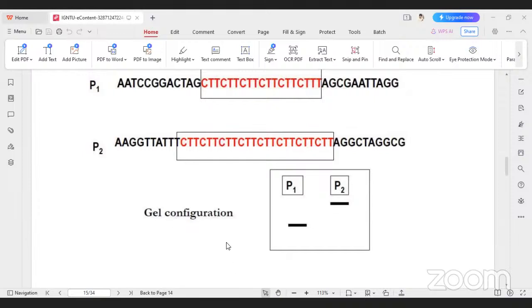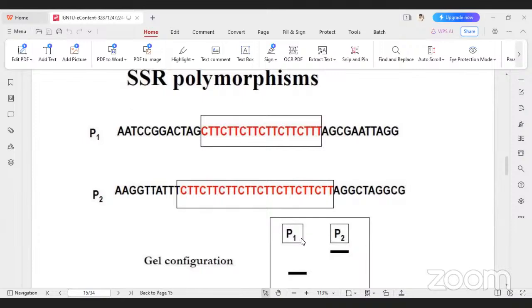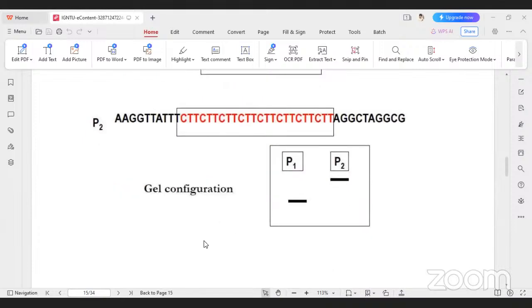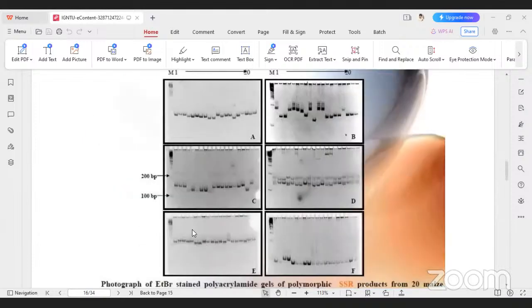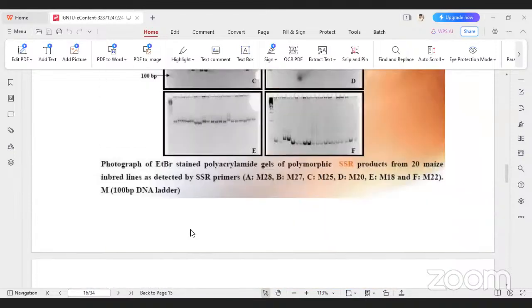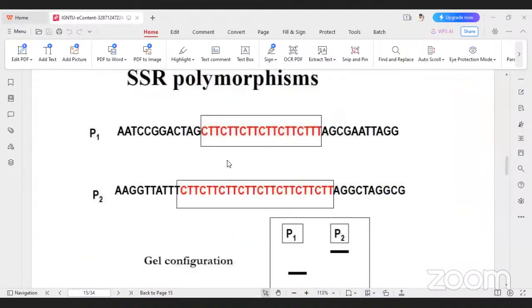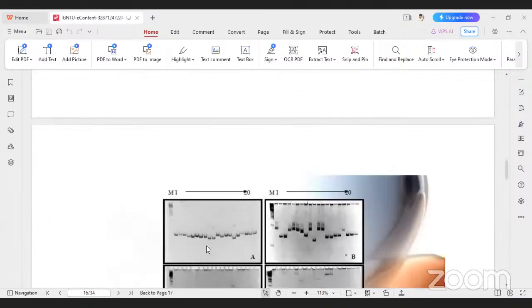Gel electrophoresis, P1, P2. So patterns like this are formed if you see them in the gel process. This repeat is also separated based on molecular weight and length with the help of the gel electrophoresis process.